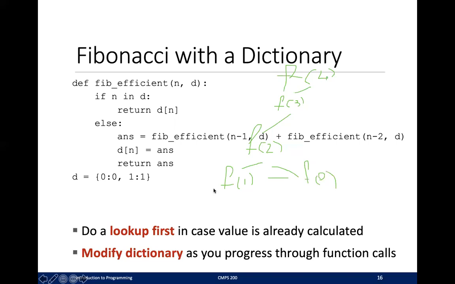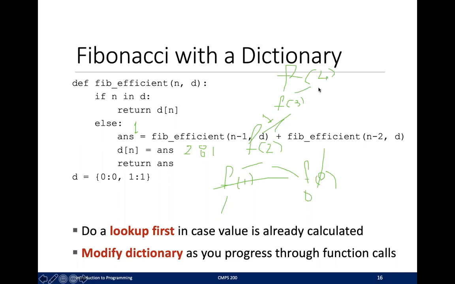Okay, so that will be replaced by 1. That will be replaced by 0. Okay, because they are in the dictionary, so I have this base case. And now f of 2 is going to be equal to 1, right? So answer will be equal to 1 here. I will insert in the dictionary 2 and the value 1. And I'm going to return this 1 to the caller. And then f of 3 will be computed and its value stored in the dictionary.